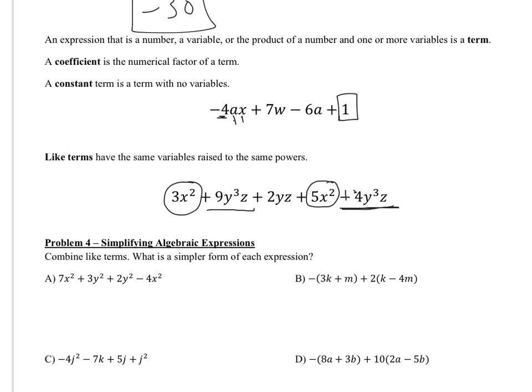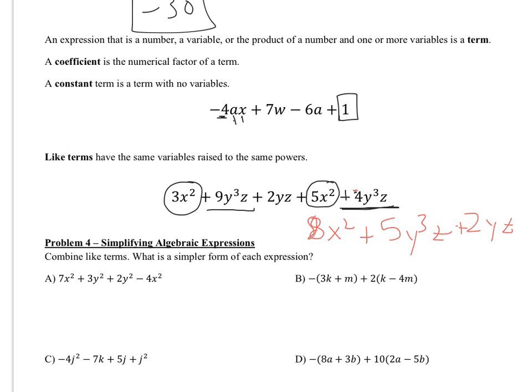So you can always combine like terms. So my combined like terms, 3 plus 5, looking at my x squared, give me 8. That's an 8, an ugly 8, but still an 8. 8x squared. Now if I look at my 9 and 4, this is kind of like 9 subtract 4, or plus a negative 4 would give me a plus 5y cubed z. And then I didn't have anything with the y, z.